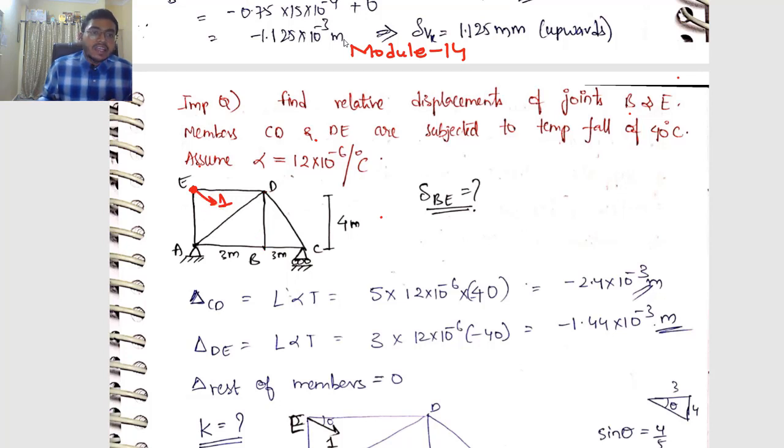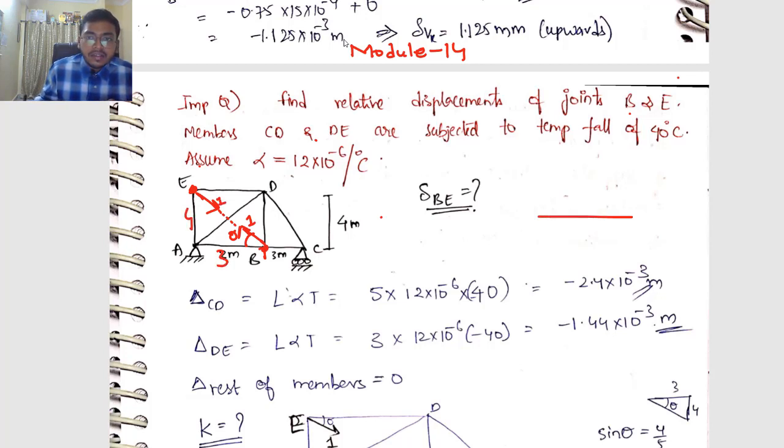Okay, so what is the angle? First of all, can you tell me what is the angle here? I have to apply the unit load like this, right? It has to pass through these two joints. Now can you tell me what is the angle between these unit loads? Here it is 3 meters, here it is 4 meters.